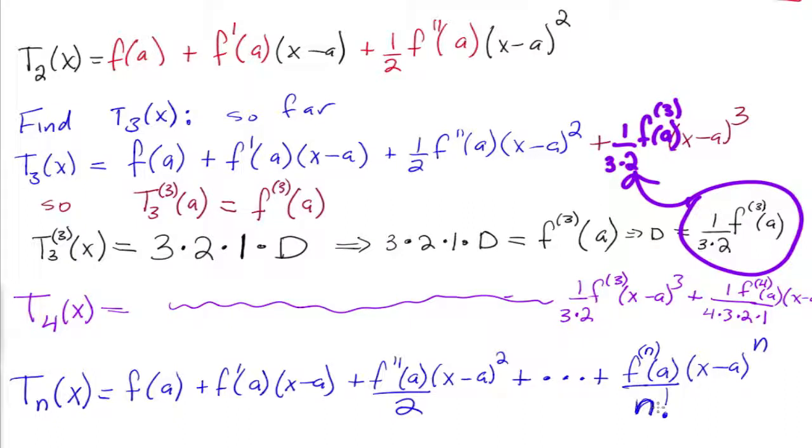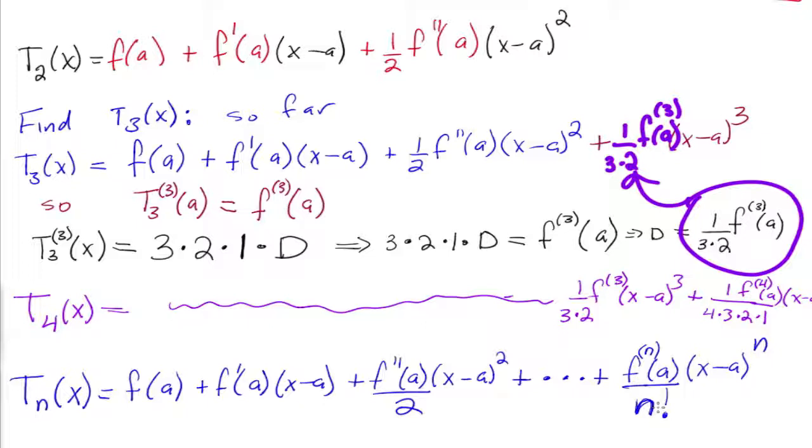How many of you guys have seen the factorial before? Okay, that's good. So n factorial just means you multiply, so 4 factorial is 4 times 3 times 2 times 1. 5 factorial is 5 times 4 times 3 times 2 times 1. 6 factorial is 6 times 5 times 4 times 3 times 2 times 1. 100 factorial is 100 times 99 times 98, and so on. Yes? Okay, all right.